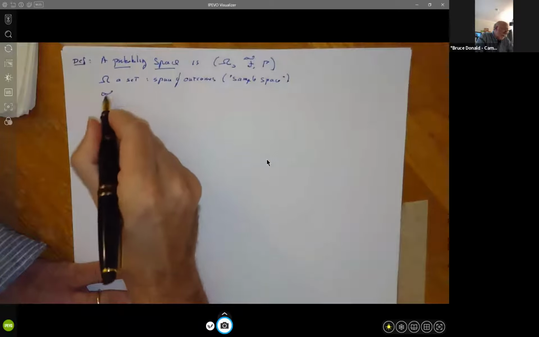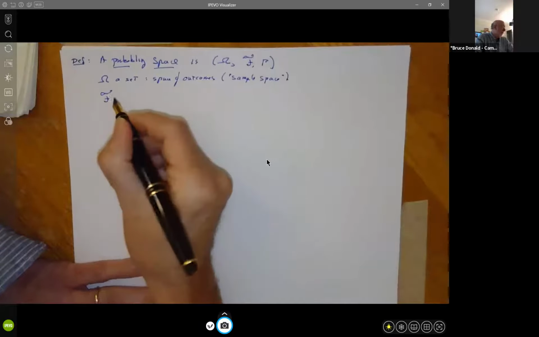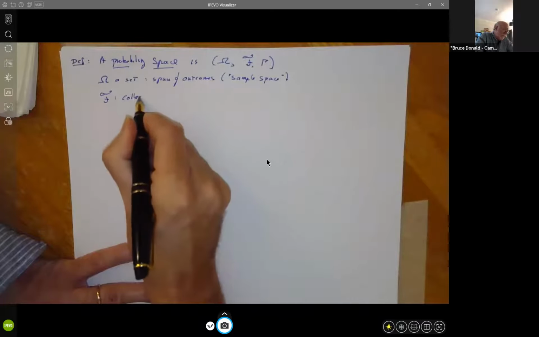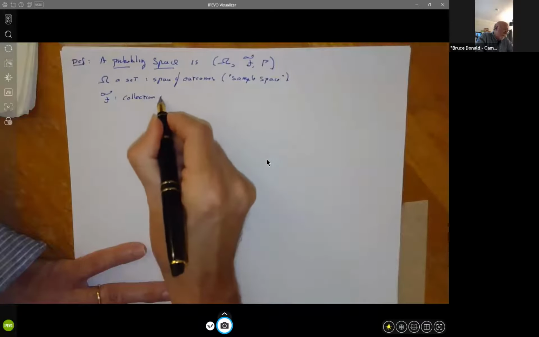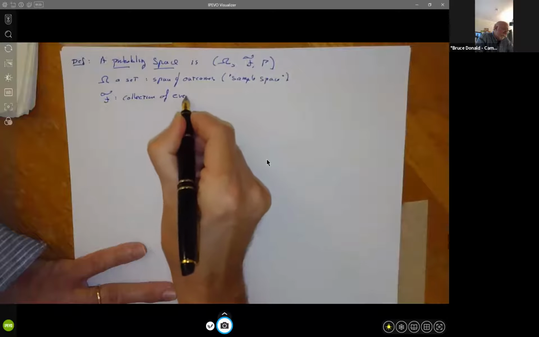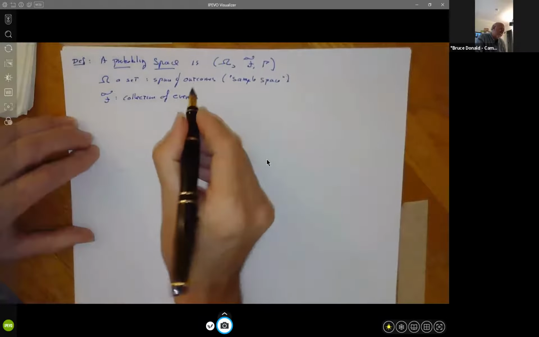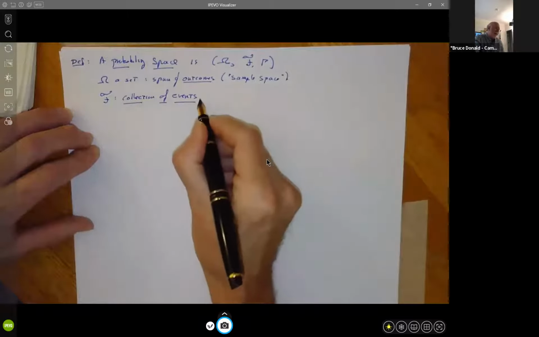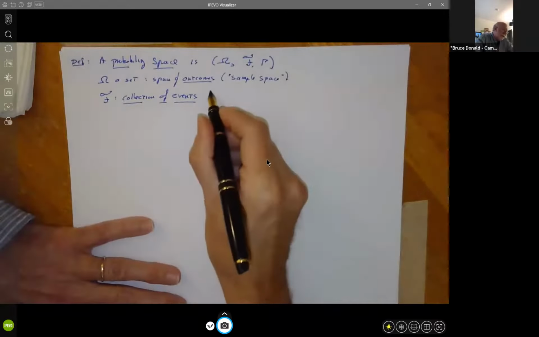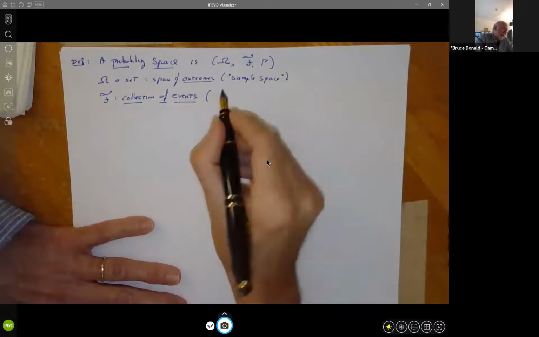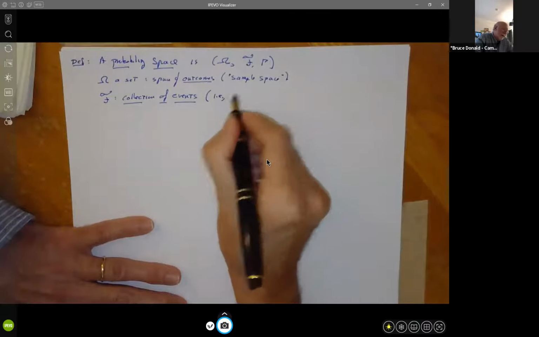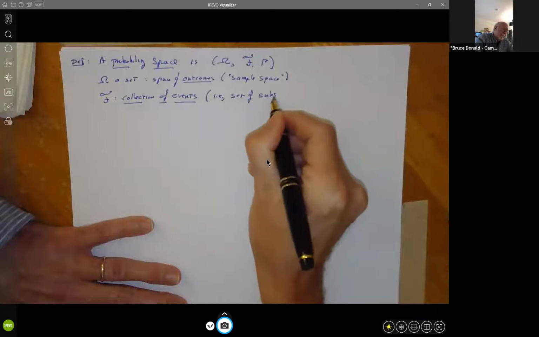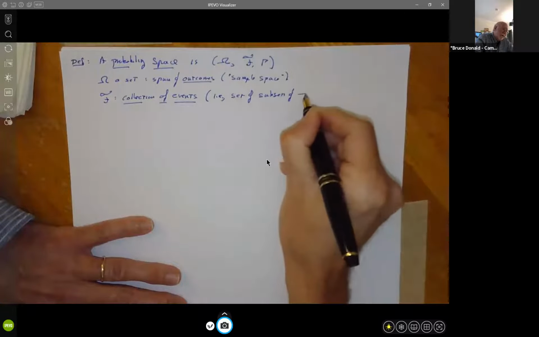Now, what is this curly calligraphic F? This is a collection of events. And remember, every event is a subset of omega, i.e., a set of subsets of our outcome space omega.